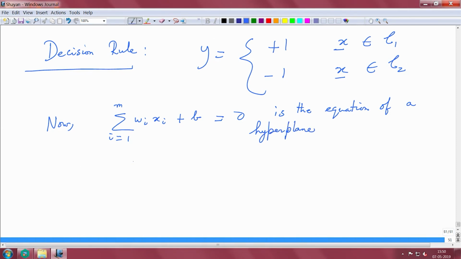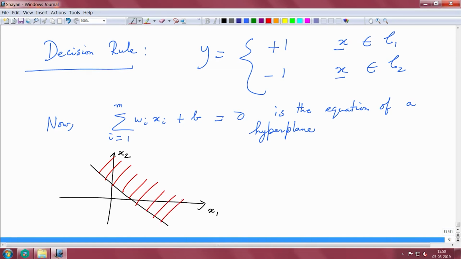If I have to sketch this, let us take a simple x1 x2 plane, and anything which is on the right side of this line is C1, and anything which is on the other side, the left side of this line, is C2.